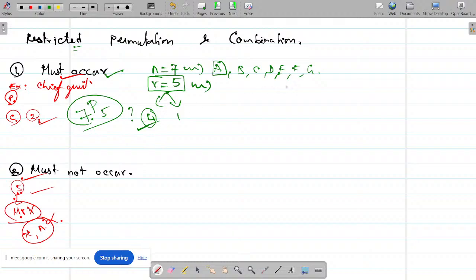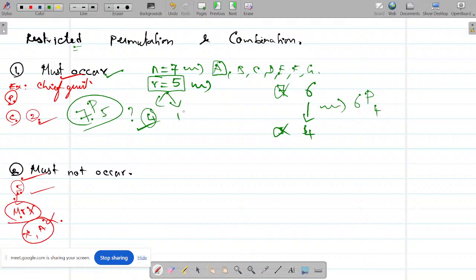So instead of 7, I make it 6 because already one is there, and instead of choosing 5, I make it 4. So in how many ways can I arrange it? 6P4. Is it okay?